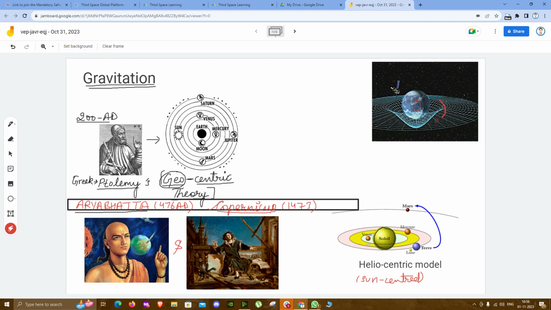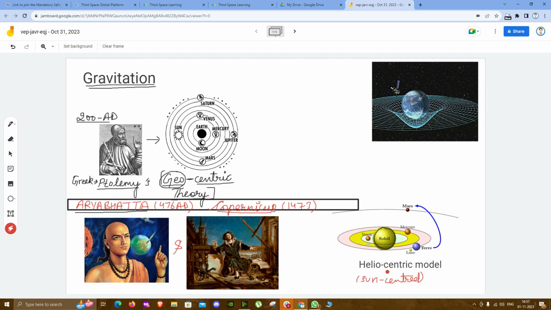If it is lighter, other bodies won't revolve around it; it will be the other way around. So this was the heliocentric theory, the history of our understanding of the planets and celestial objects.